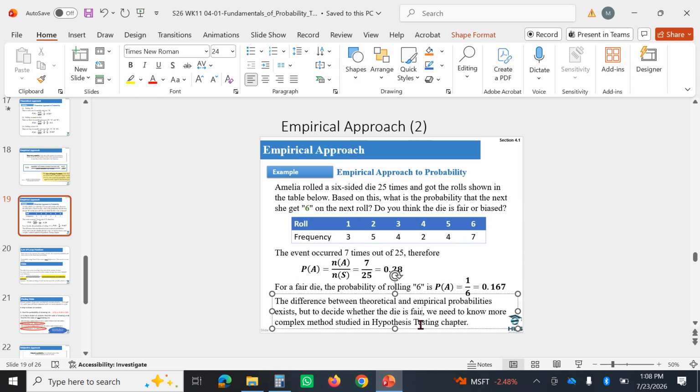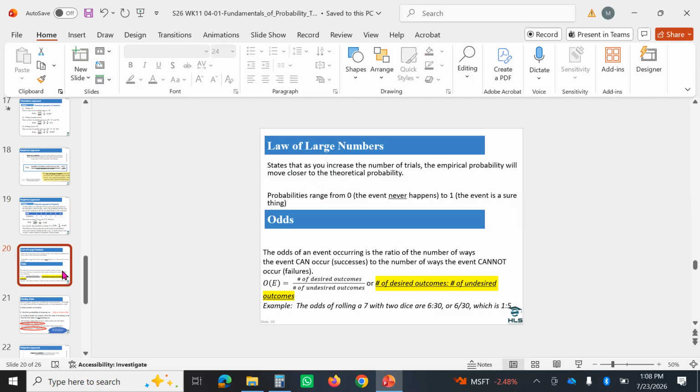The difference between theoretical and empirical probability exists, but to decide whether the dice is fair, we need more complex methods. Okay, we're going to get there. All right. There's your law of large numbers. It states that as you increase the number of trials, your empirical probability will move closer to the theoretical.